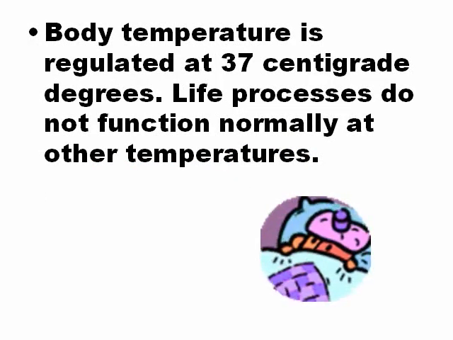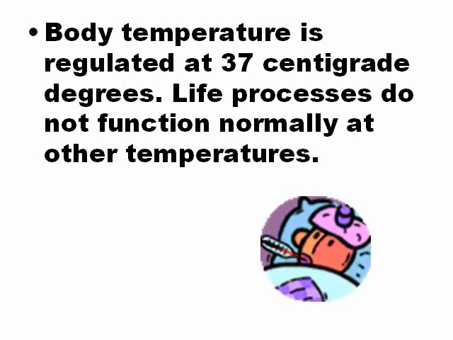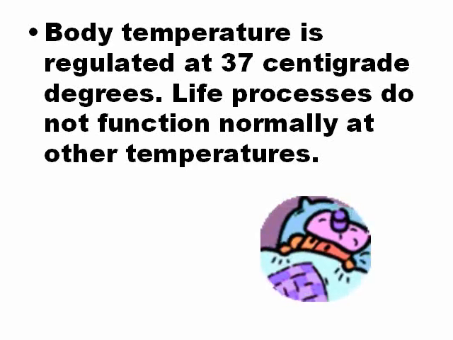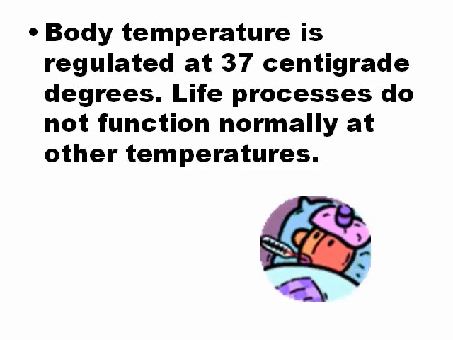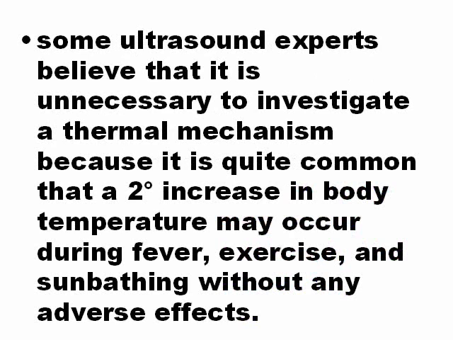Normal body temperature is 37 degrees centigrade. Life processes do not function normally at other temperatures. But it's quite common that one person has a fever, or you go to the beach, or you take a lot of heat in the kitchen and nothing happens.